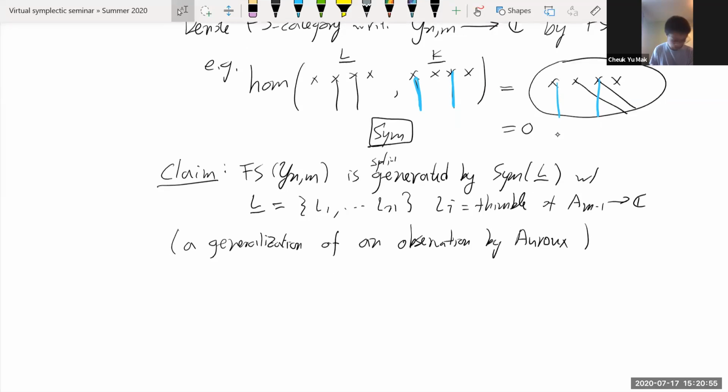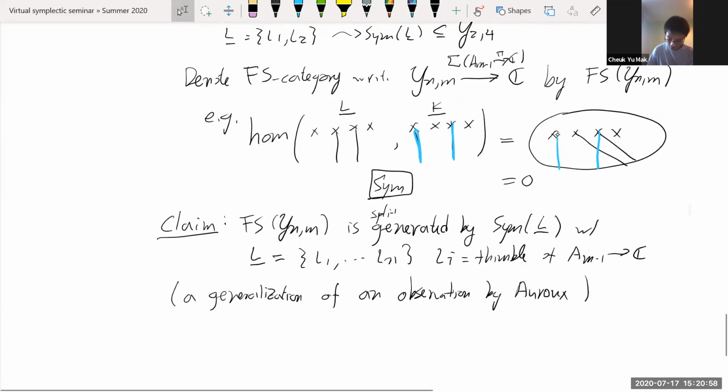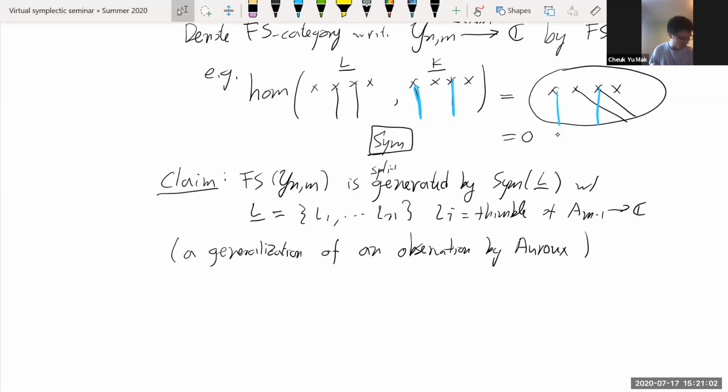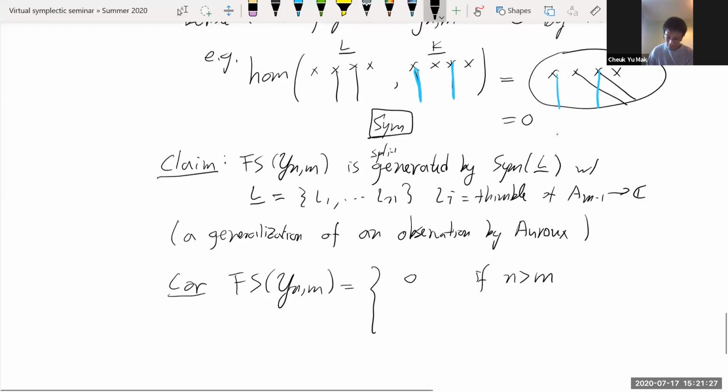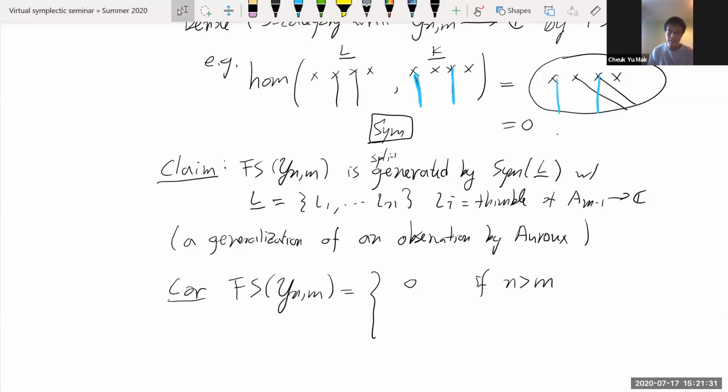This directly implies that the Fukaya-Seidel category is 0 if n is greater than m, because when n is greater than m, you cannot find n many pairwise disjoint Lagrangian thimbles.